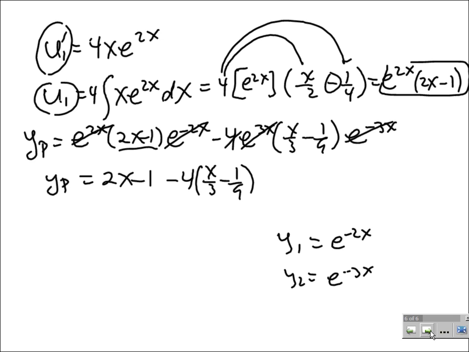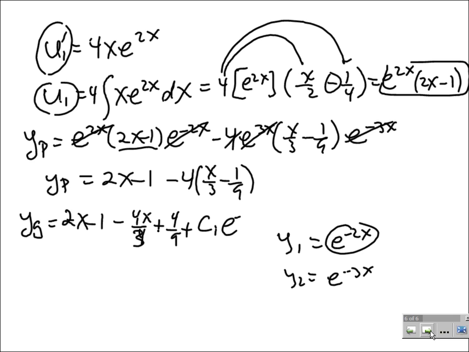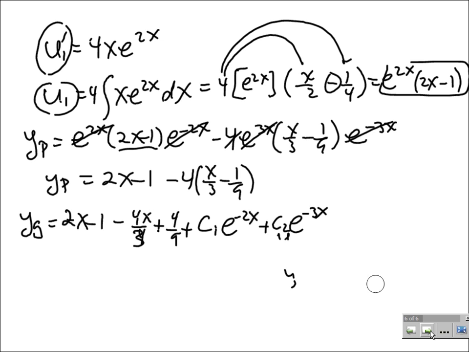If you want y general, it's going to be exactly what I wrote down on the line above. I'll even distribute the negative 4. Plus the homogeneous, which was c1y1 plus c2y2. And there is your answer.